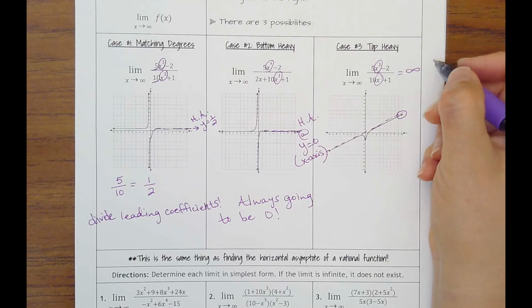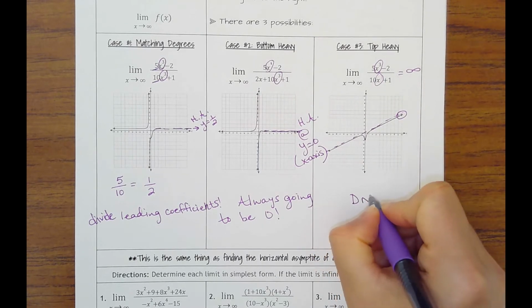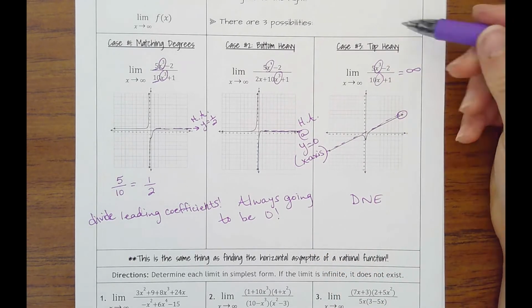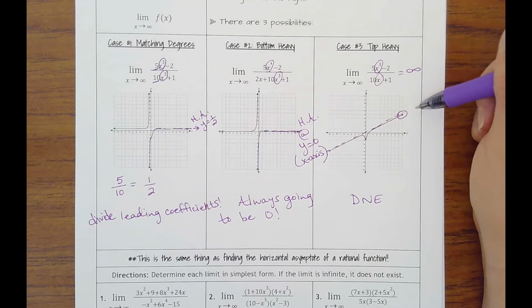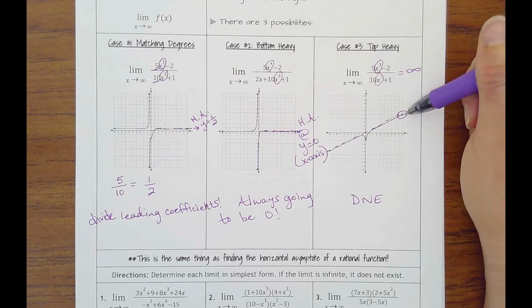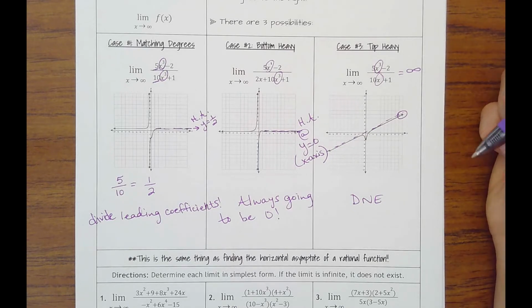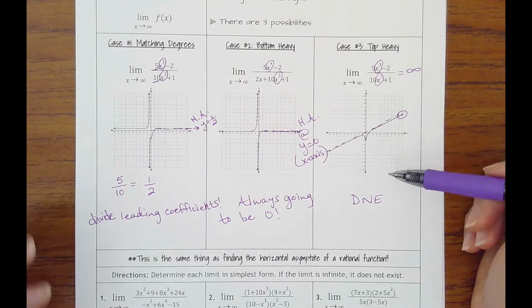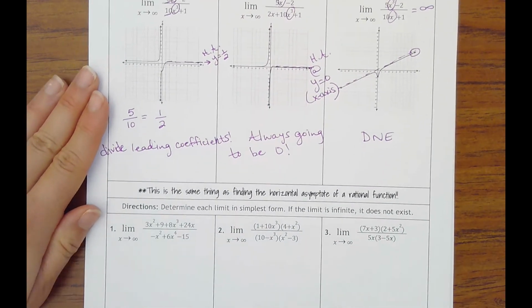But they're going to want us to put that it does not exist. Because it has a slant asymptote, where this end is not going to level out and flatten out to where it has a horizontal asymptote, they want us to put that it does not exist on this lesson. The next one is going to specifically want us to find, well, is it going up to positive infinity or is it going down to negative? And we'll talk about that later.